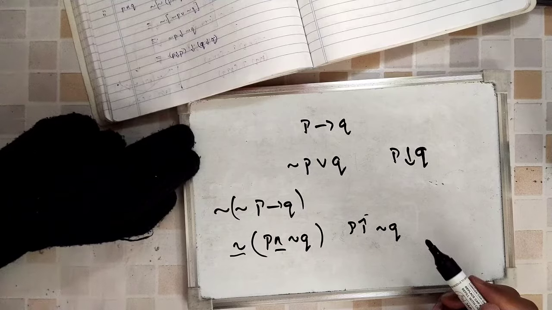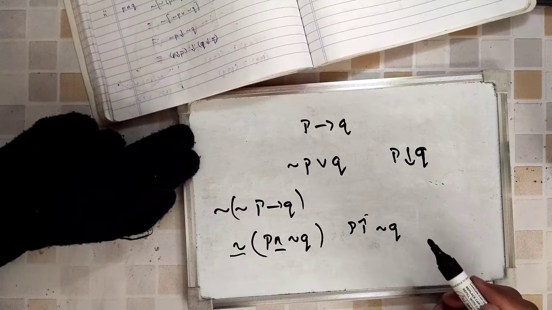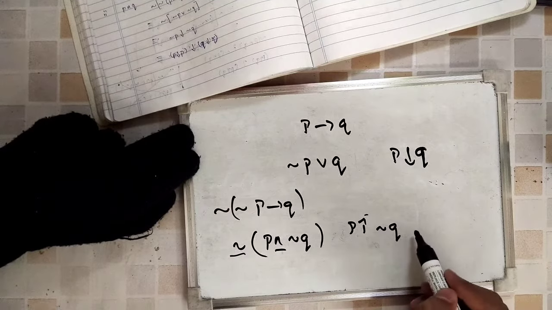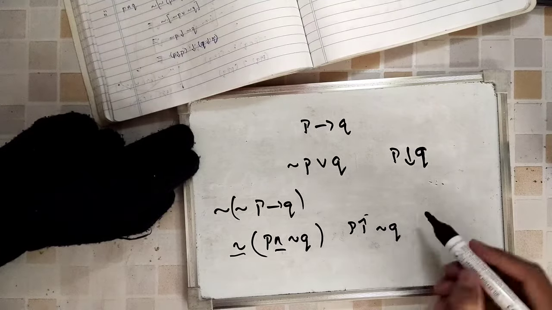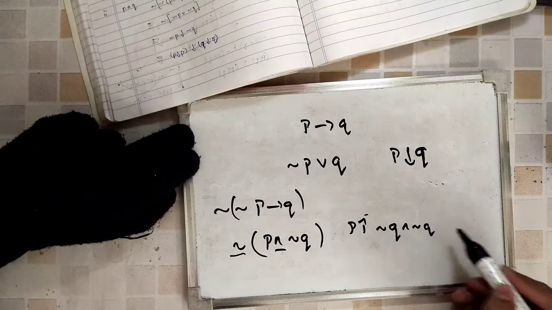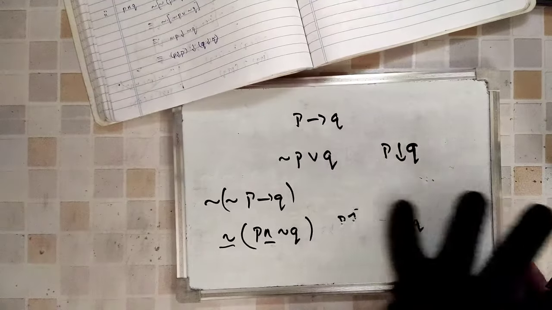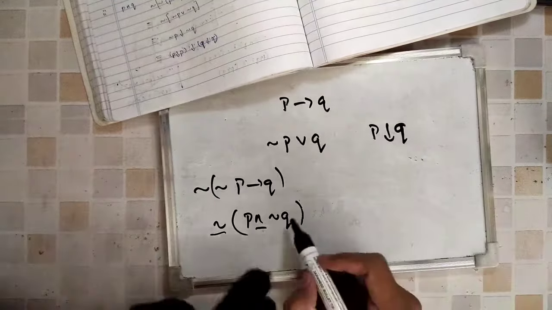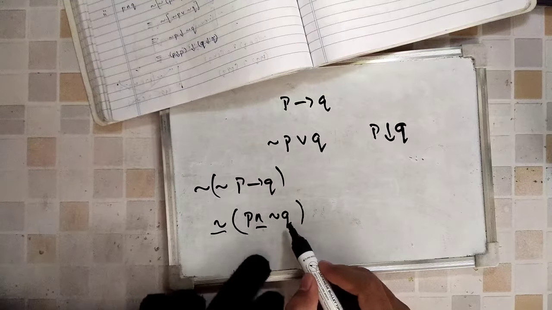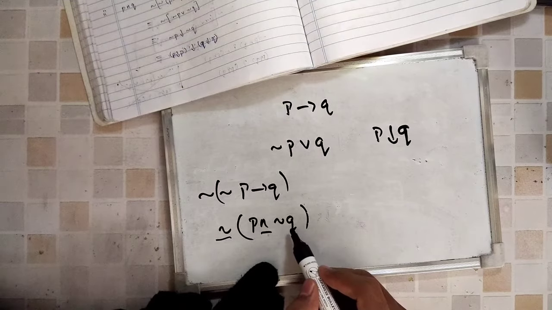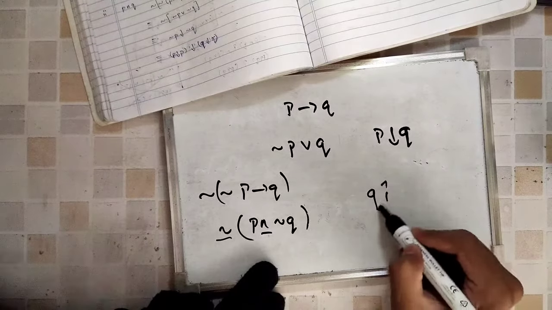So for negation Q, is it right? So Q I can simply write as Q and Q. Q and negation Q, and simply again make it as, okay, wait, I'll just write it here. P and negation Q is there, so I can simply open this negation Q. Okay, so what is this Q or Q?